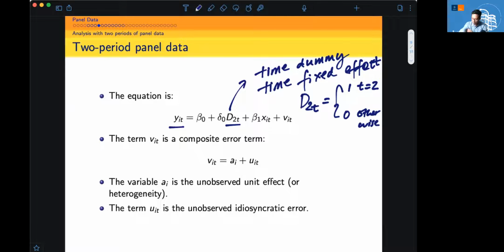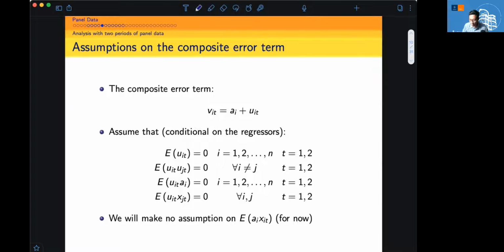Okay, so we have what's called the composite error term here, and we want to break down the composite error term into two. The first one is the unobserved heterogeneity, and the second one is the idiosyncratic error or the shocks. Let's take a look at the composite error term.